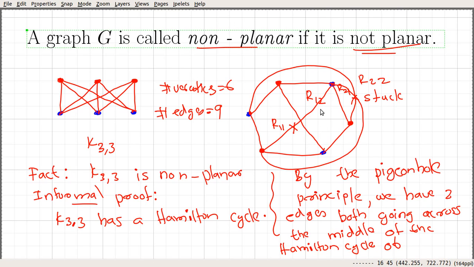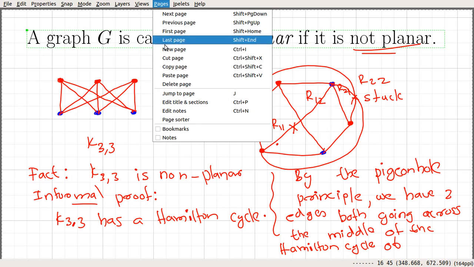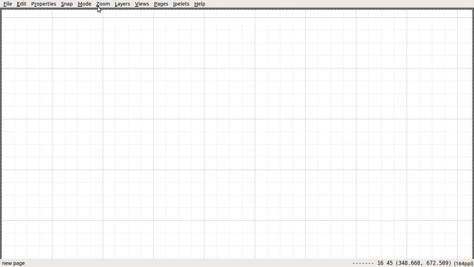So we have only one kind of region and two edges: this one and this one, or maybe this one and the other one.